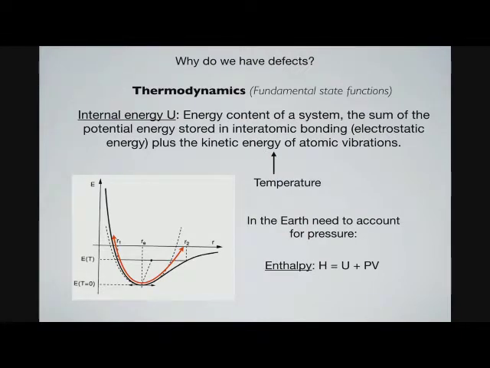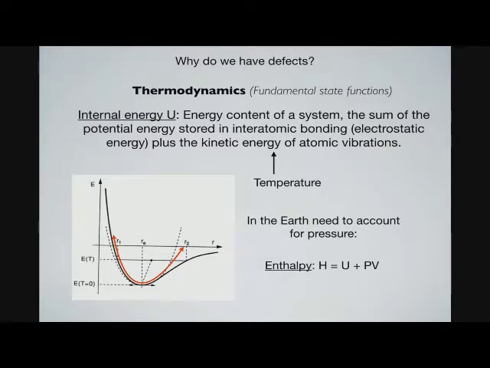So defects then, why do we have defects? That's another key question, and I have to do a little bit of thermodynamics, just very briefly go into that. So we have the internal energy, right? And that's what I showed earlier, this potential here, the internal energy with the equilibrium distance, the equilibrium spacing between atoms. In the Earth, it's very important we not just have an internal energy, we also have pressure to work with.